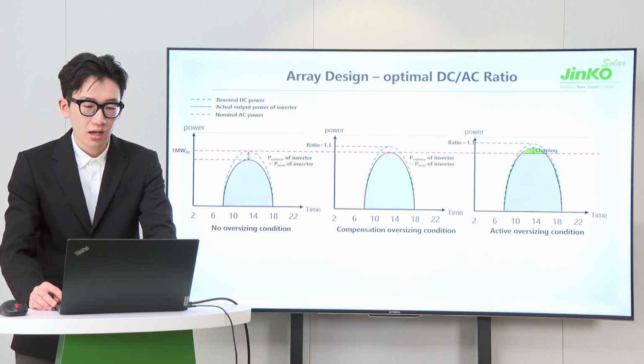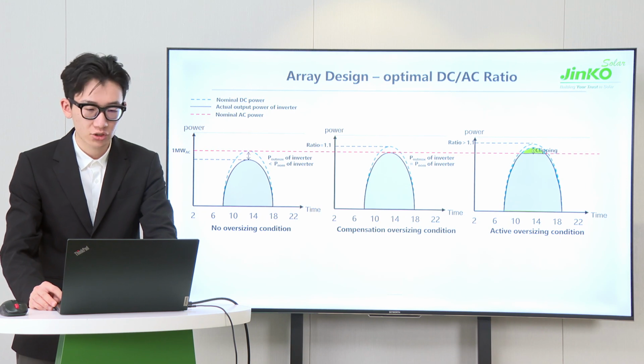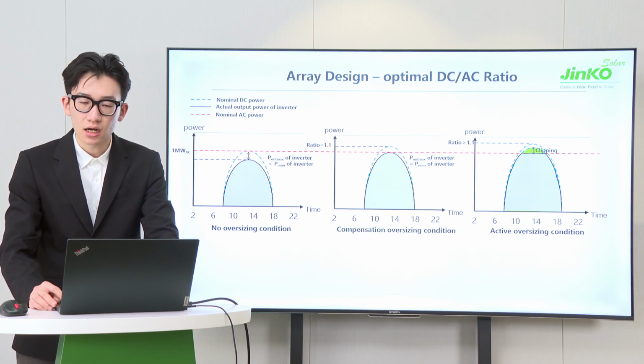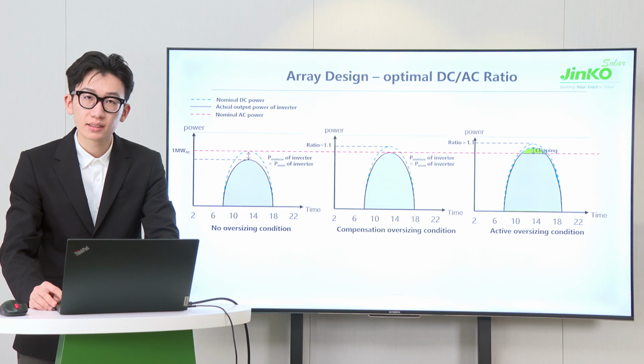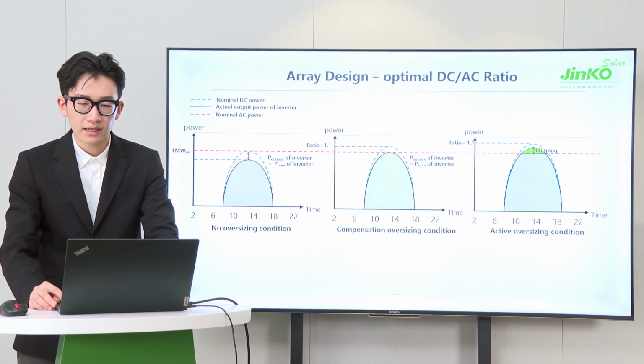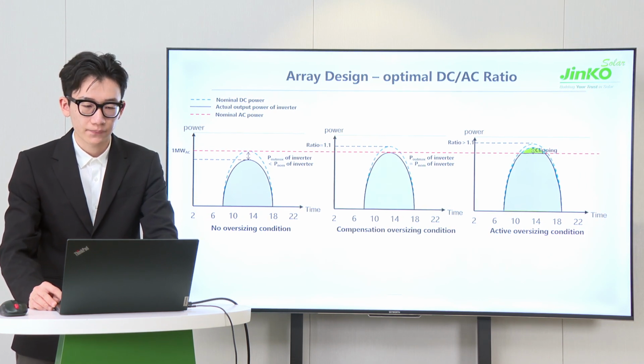So in the first picture, under no oversizing condition, the inverter is underloaded for a long time, and for the middle picture, under composition oversizing condition, based on the principle that underload should be avoided, the DC to AC ratio is assumed as 1.1. The actual output maximum power can reach the nominal power of the inverter.